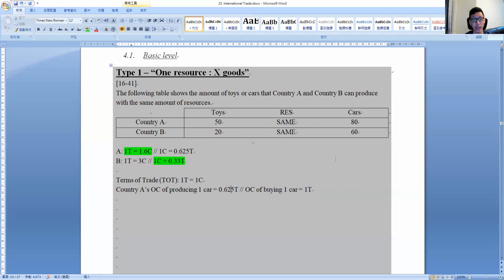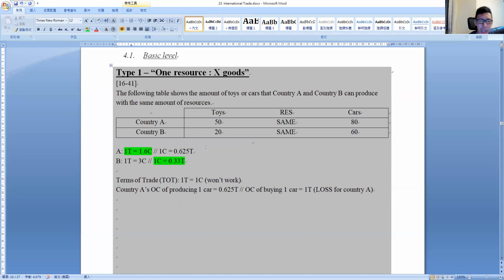Therefore there is a loss for country A. With one car for one toy, there is no gain. These terms won't work, because there is a loss. Why would I trade with you if I lose money?